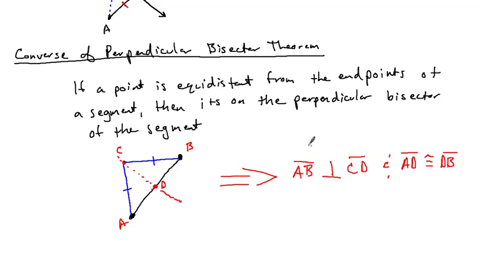Okay, and that's because this is the perpendicular part, this is the bisector part. So you see a point that's equidistant from the endpoints, then that point is on the perpendicular bisector, whether it's drawn there or not.